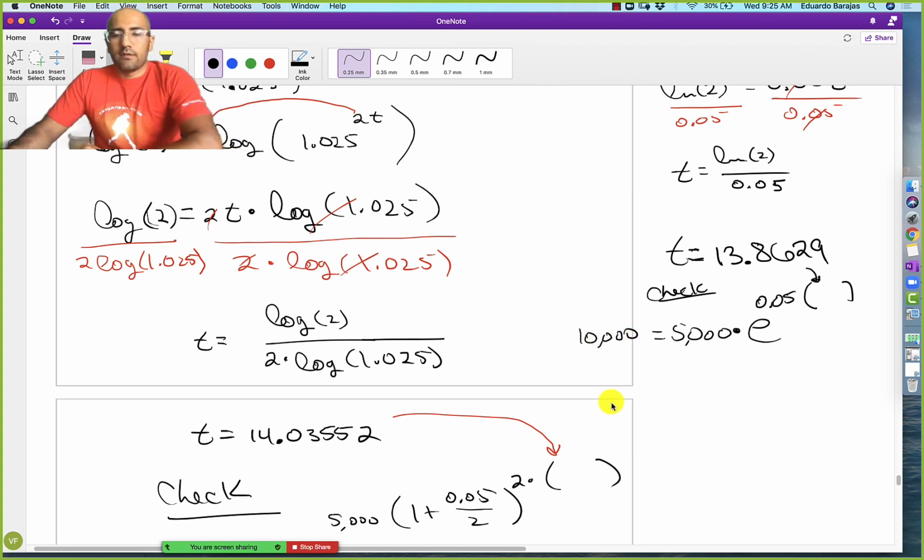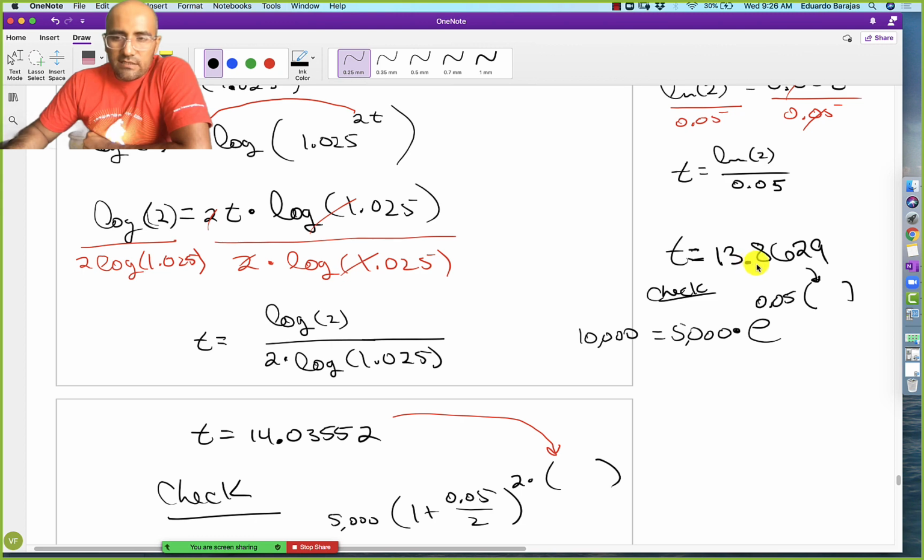I'm pretty sure it will. Any questions? No? So compounded continuously, the account will double in 13.8629 years. That doesn't seem quite so easy to understand.